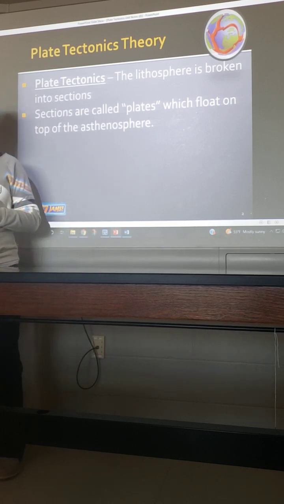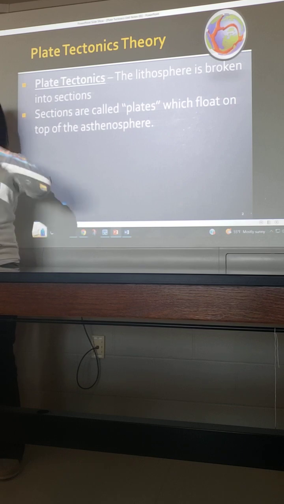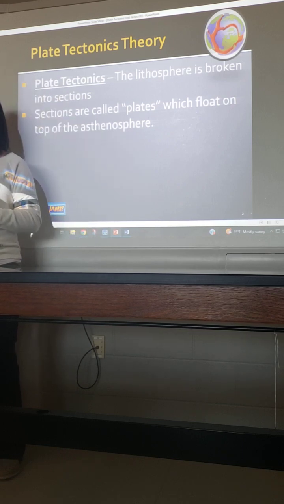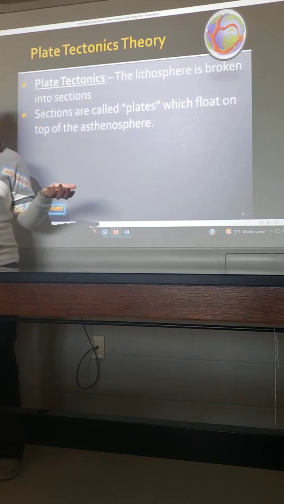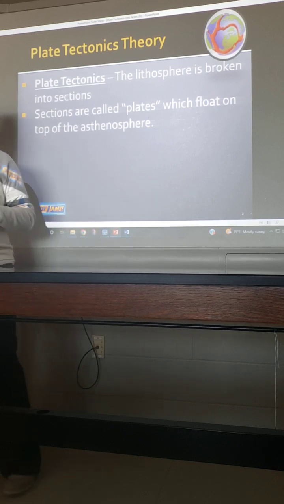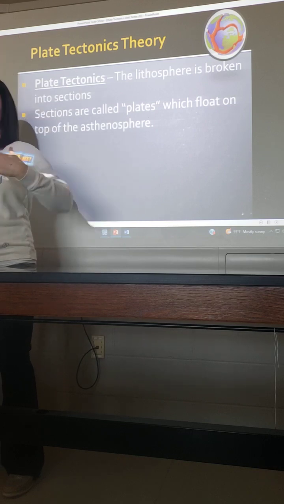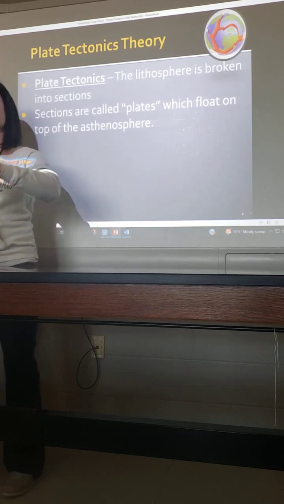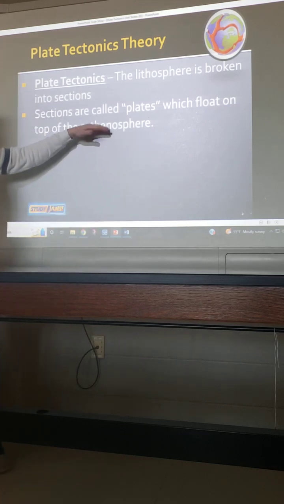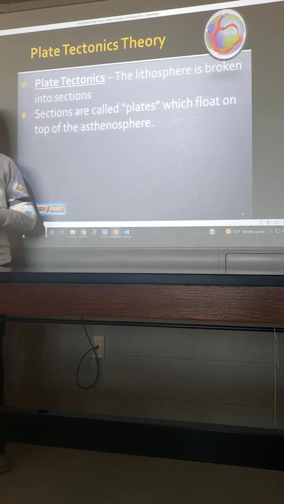It's receiving the heat from the core, and that is where the convection currents are. It's not a true liquid, but it's really thick. Think of when they were showing that lava coming up out of that volcano in the Bill Nye video, all hot and bubbly and thick. That's like the magma, but it's just inside the earth. That is the asthenosphere, and that's what the plates are floating on.